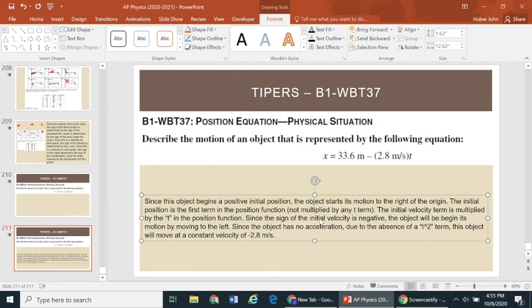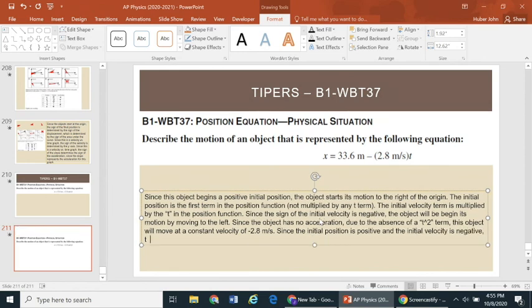There's really only one more thing we can say here, which goes back to the first sheet. Since the initial position is positive and the initial velocity is negative, the object begins by moving towards the origin.